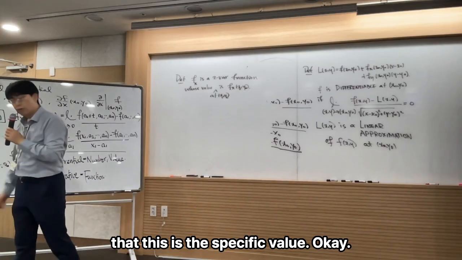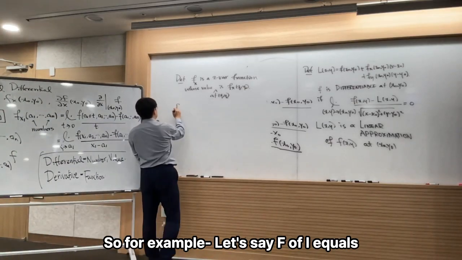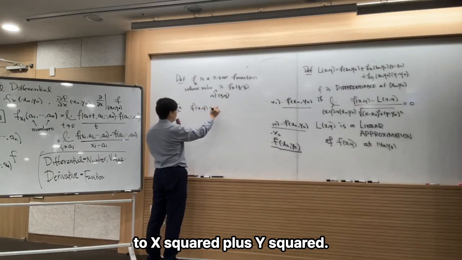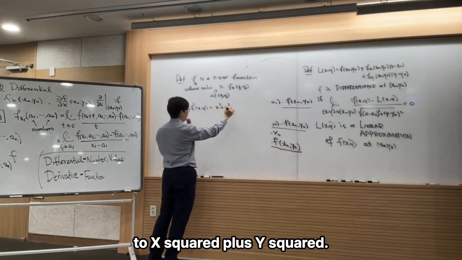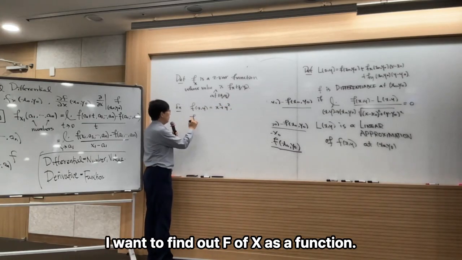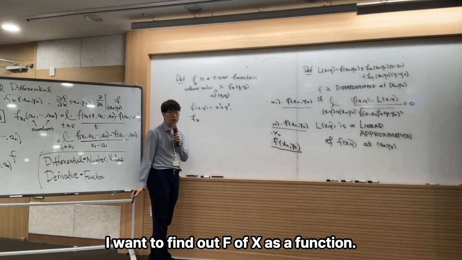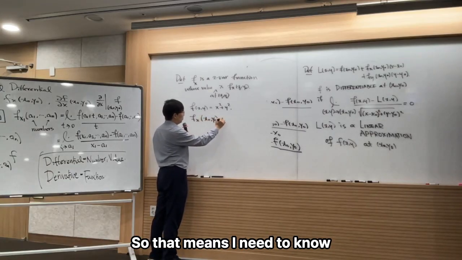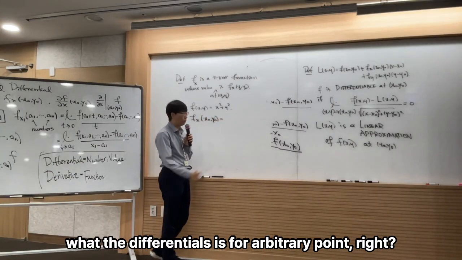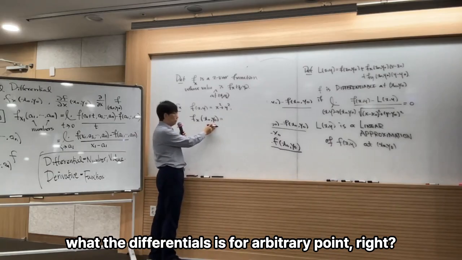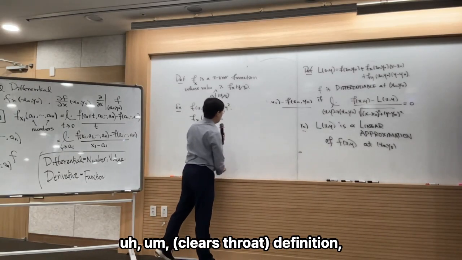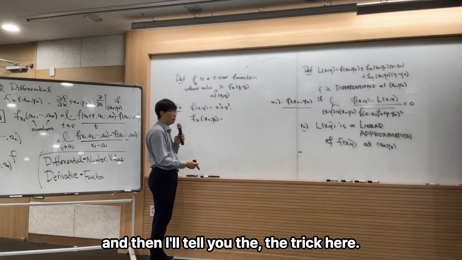So for example, let's say f of x, y equals x squared plus y squared. I want to find out f sub x as a function. That means I need to know what the differential is at an arbitrary point, right? So let's go for the definition, and then I'll tell you the trick.